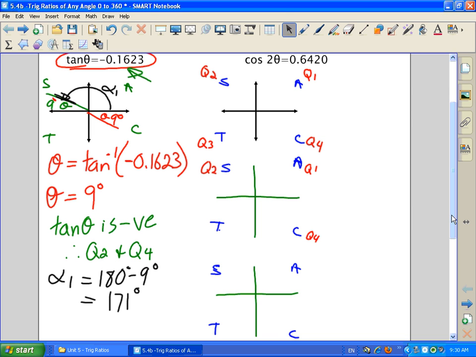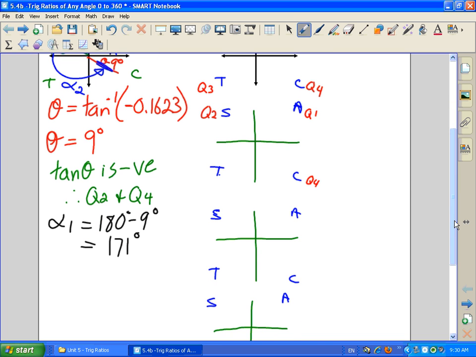We need to find our second angle that terminates at that line. So you go all the way around to here, and that's alpha 2. So to find alpha 2, that's going to be 360 degrees, subtract our reference angle, which is 9 degrees. So that equals 351 degrees.